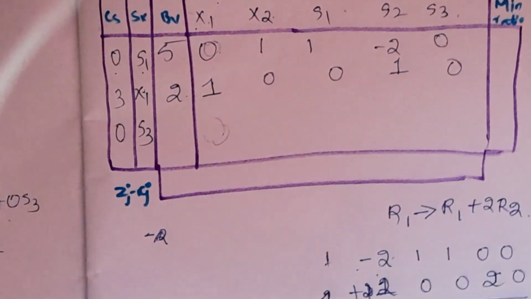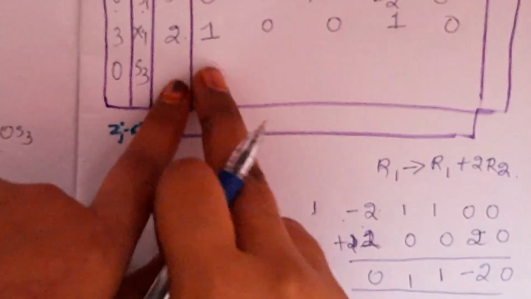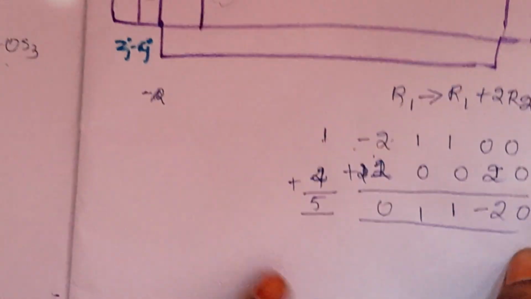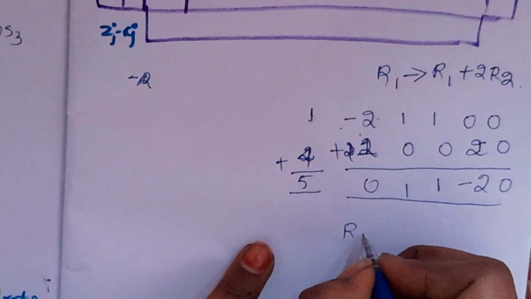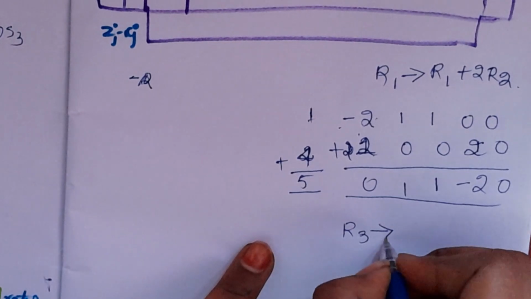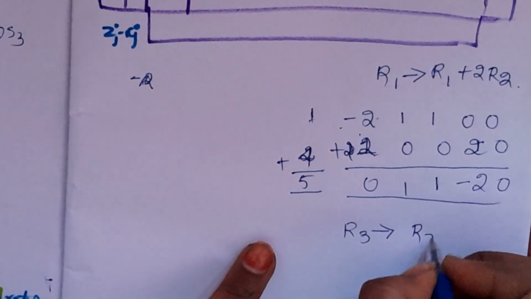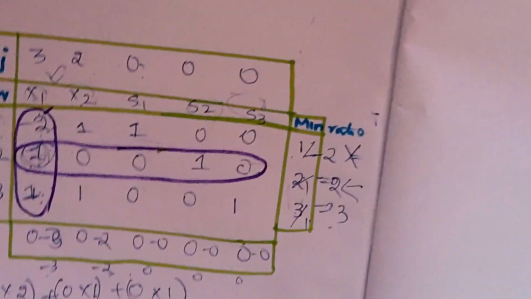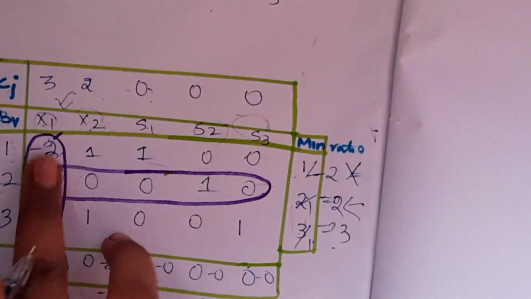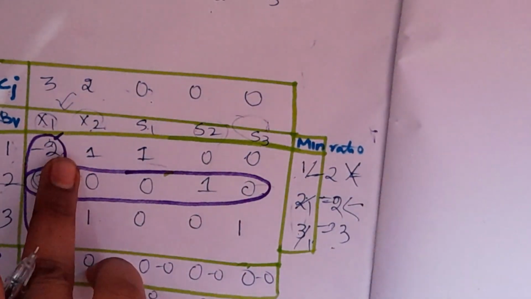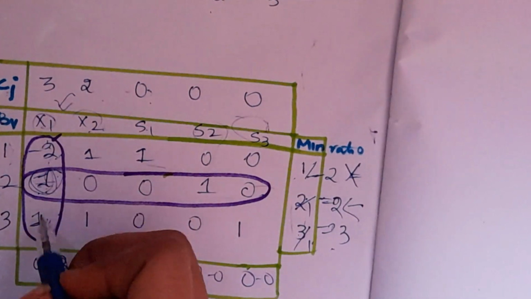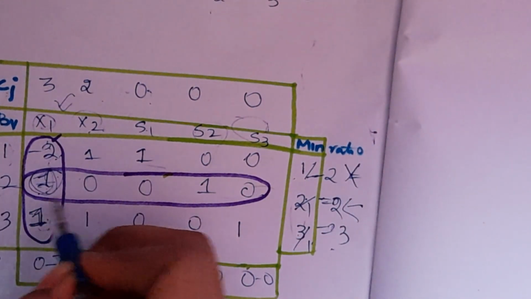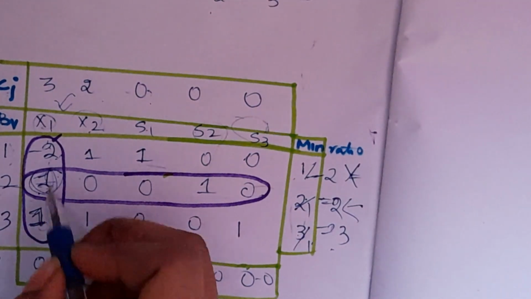Next we have to do the same row reduction for row 3. R3 equals R3 minus R2. Sorry, here for both we have to consider 1 and 1. So R3 minus R2.